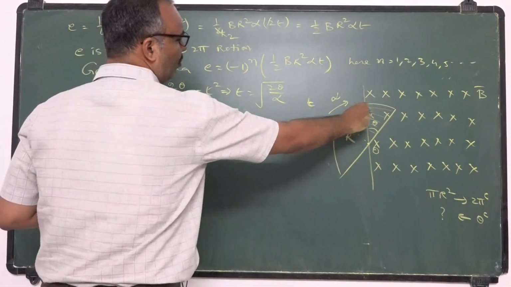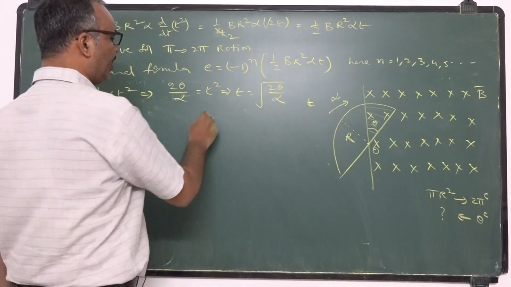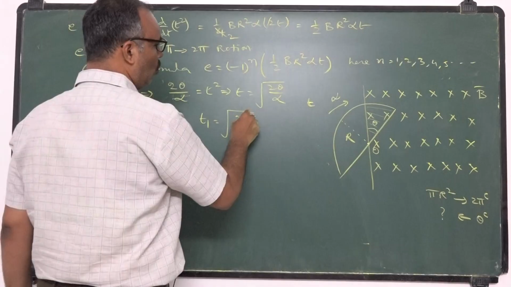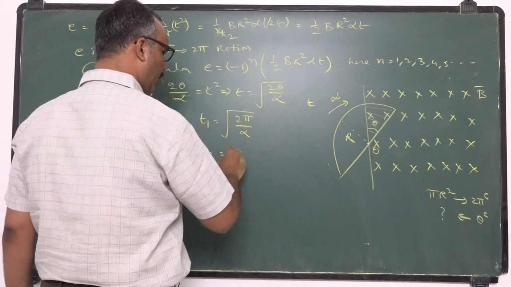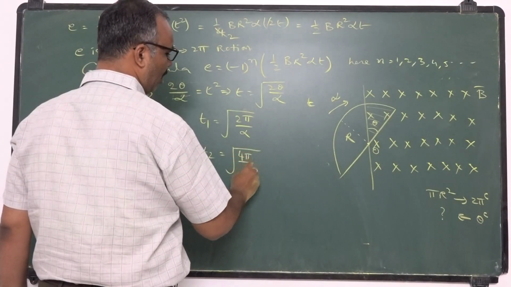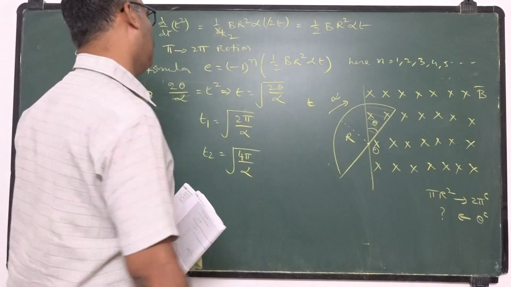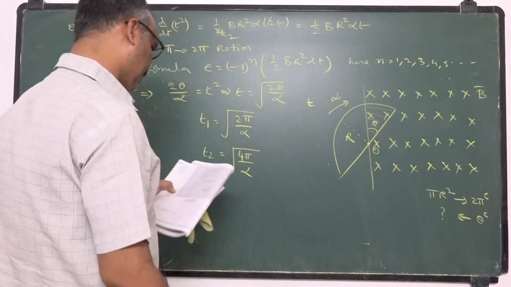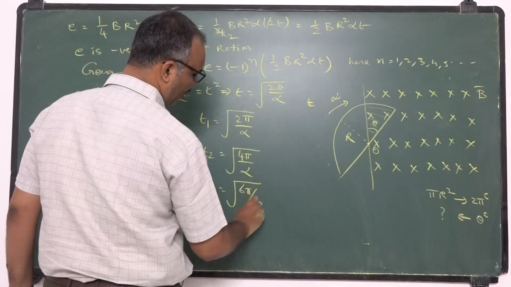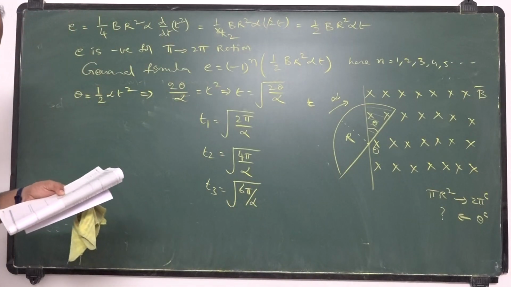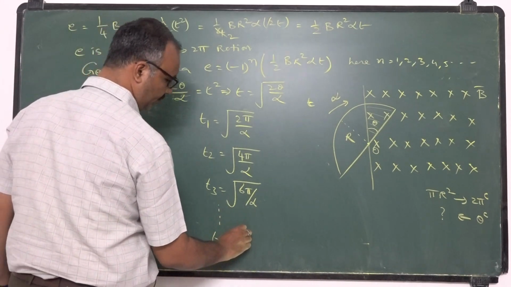So for first half rotation, the time taken let it be T1 is given by root of 2 pi by alpha. Next half rotation, theta becomes 2 pi, so T2 is root of 4 pi by alpha. Next half rotation, again theta becomes 3 pi, 3 2s are 6, so T3 is equal to root of 6 pi by alpha, and so on for nth half rotation.